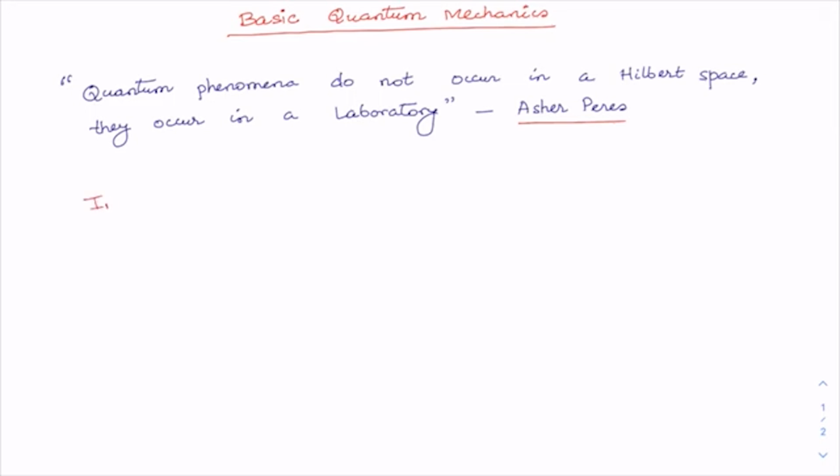As you know, in classical mechanics, which I am going to write shortly as CM, the state of a system or a particle is defined by the position and velocity or momentum at a given instant of time.